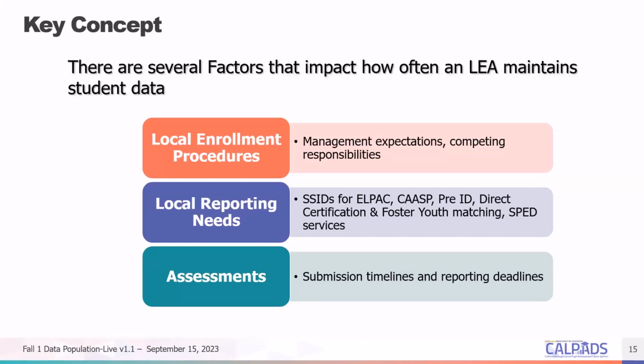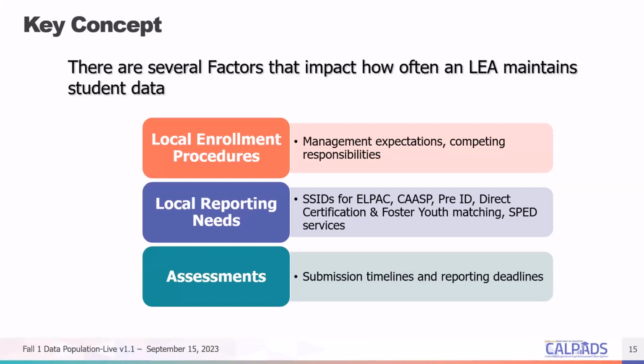The second factor is local reporting needs: SSIDs for the LPAC and CASP, pre-ID, direct certification and foster youth matching, as well as special education services. You will need to report these locally and will be submitting and maintaining records in CalPADS to enable the use and reporting of these services.